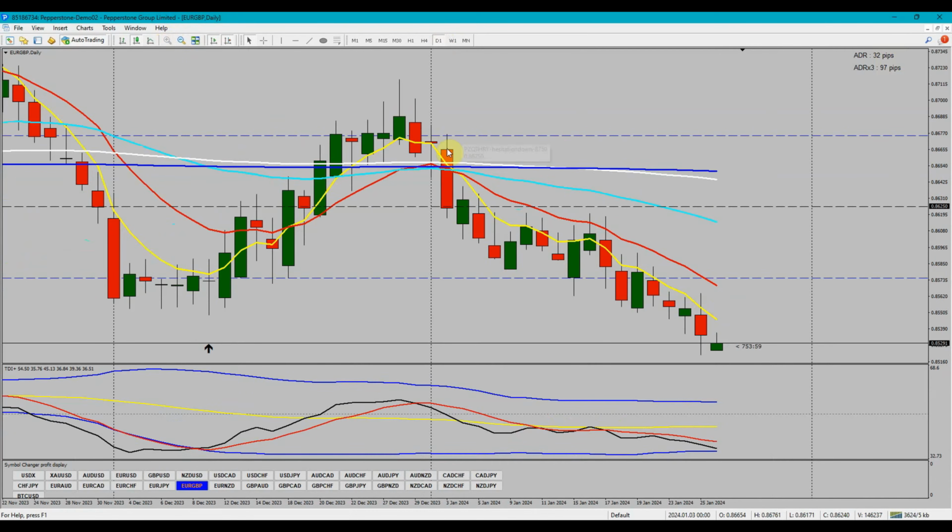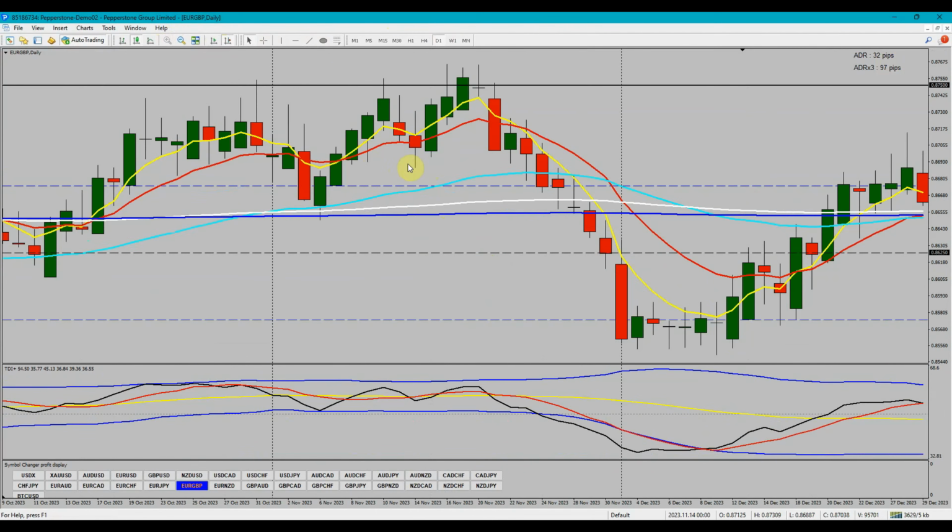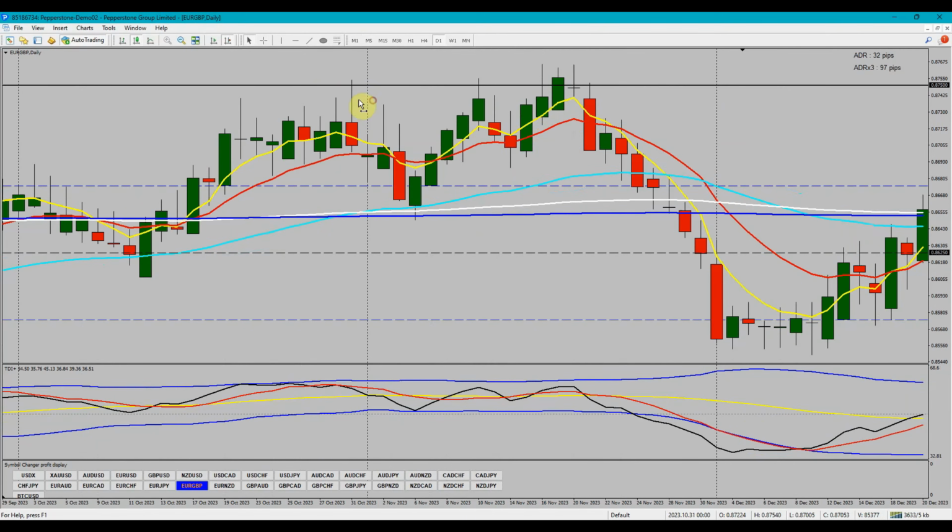When price crossed the 13 EMA right here, for the most part, even though we had some days of consolidation, price has moved 90 plus pips to the downside. Let's go back in history. When price crossed the 13 EMA right here, we had a move of over 100 pips. Now this is a slow moving pair.